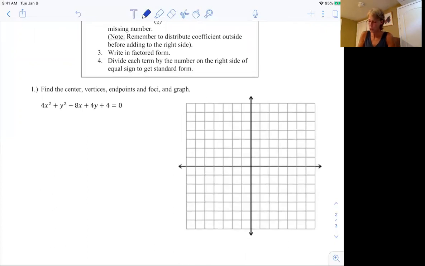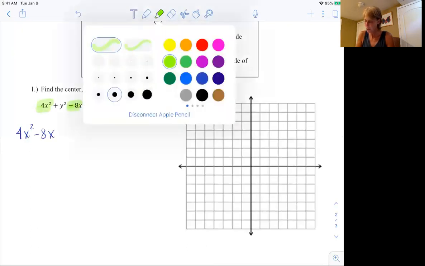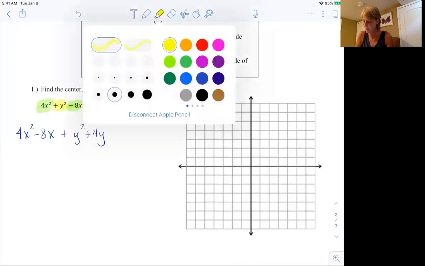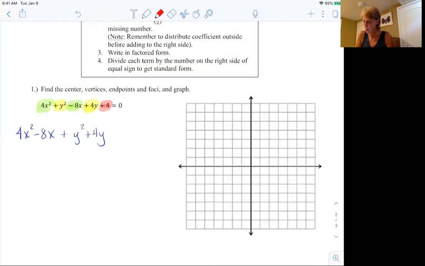We're going to group our terms. So I'm going to take anything with an X in it and I'm going to group it. Then I'm going to take any term that has a y in it, and I'm going to group that together. And then I'm going to move my constant to the other side.